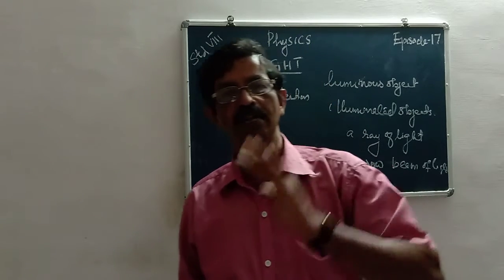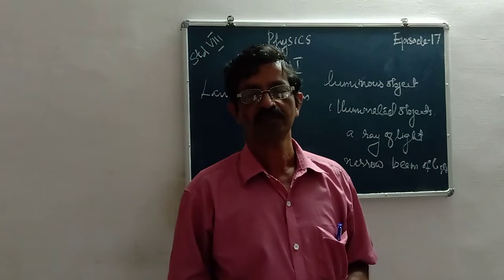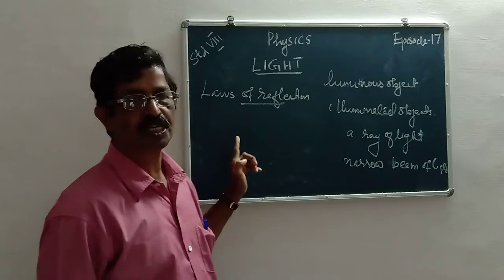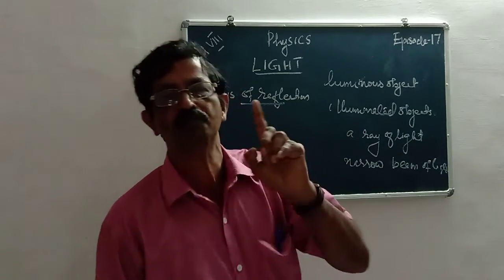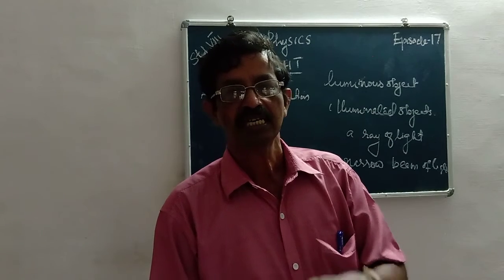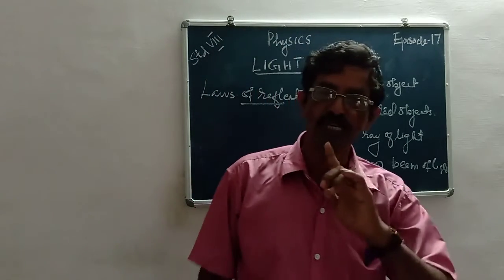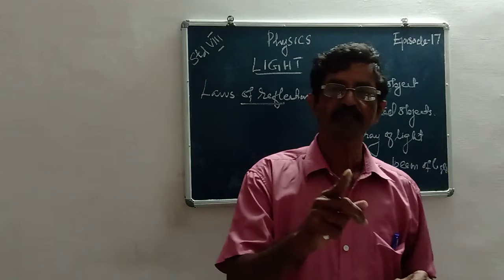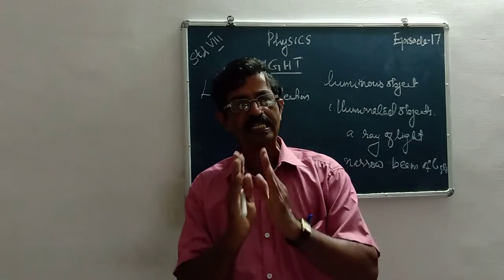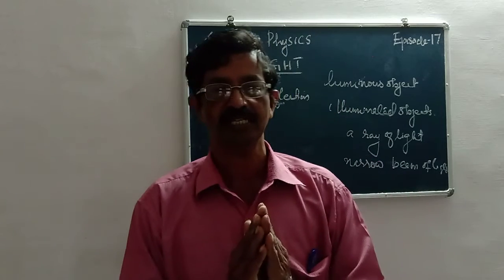Then light from a torch is allowed to fall on it in such a way that the light must pass through that opening and fall on the paper. Then you can see a ray of light.